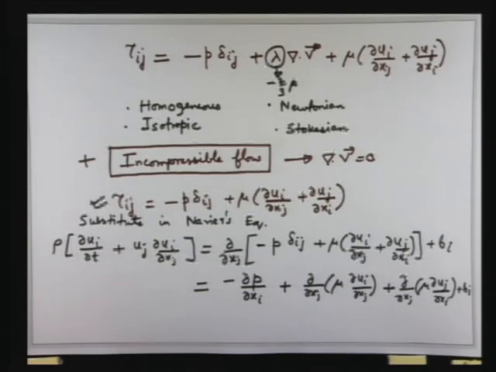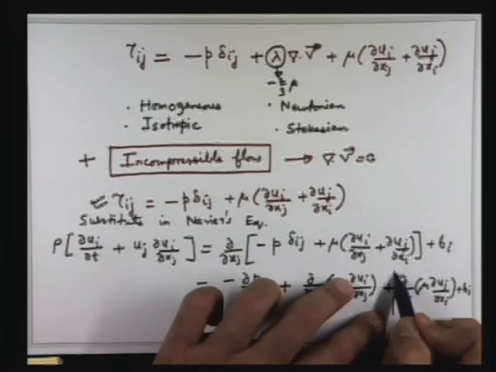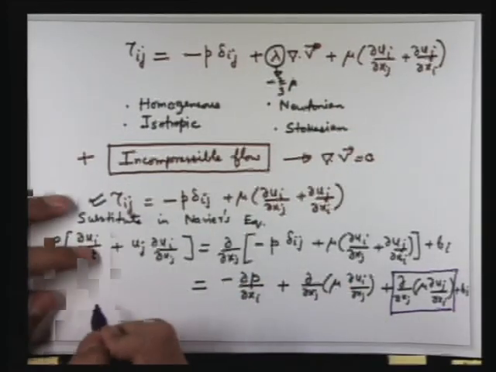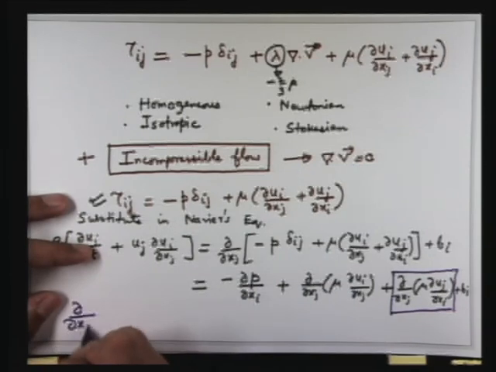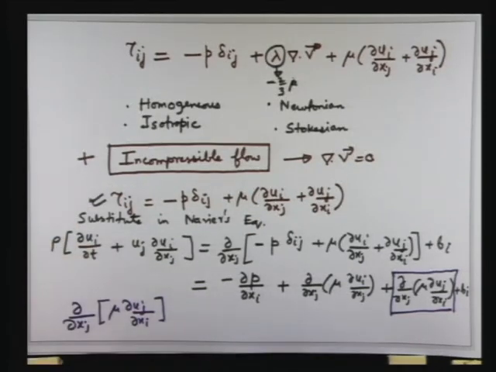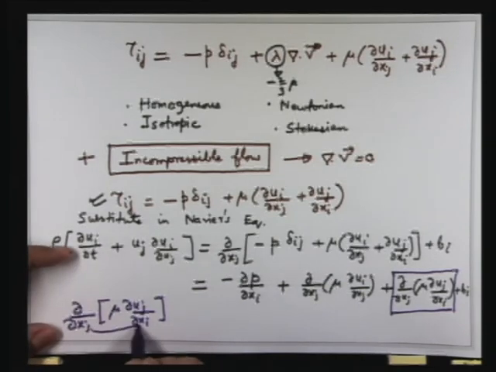Now let us concentrate on this term, del del xj of mu del uj del xi. If the second order partial derivative is continuous, then we can swap these two.